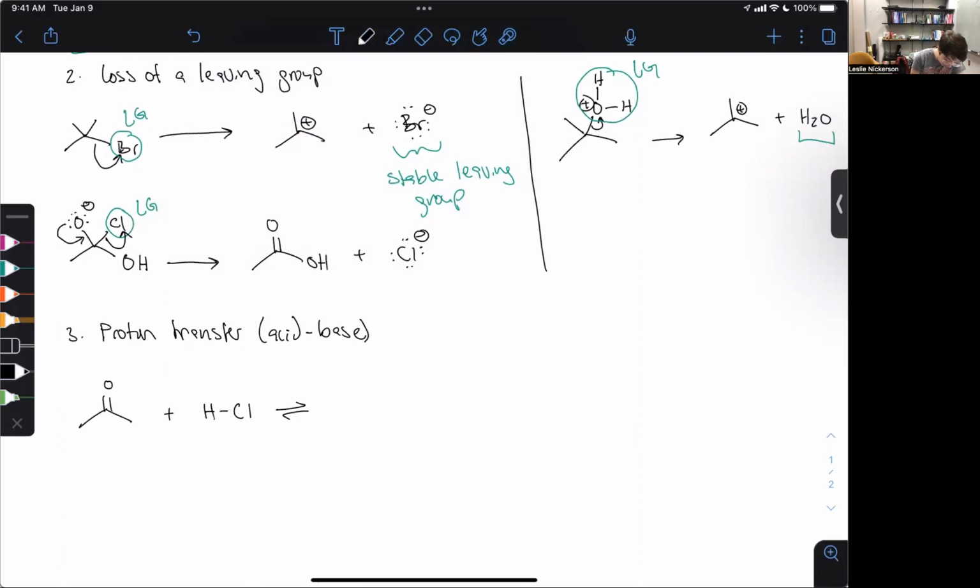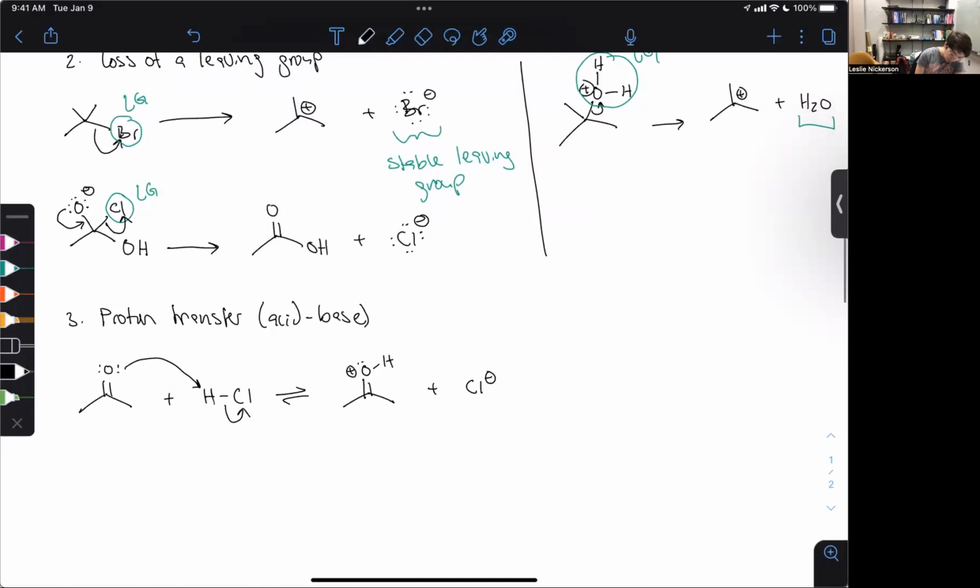So we can say, oh yeah, this oxygen has lone pairs. That H on the HCl is quite acidic. So we can go protonate the oxygen. We're going to kick off the chlorine. And we're going to end up with our protonated ketone and chloride as our conjugate base.